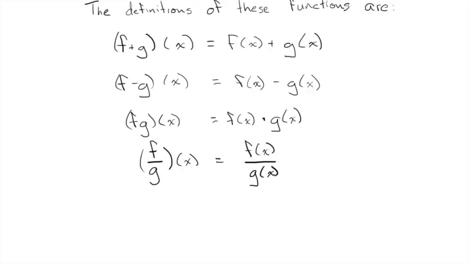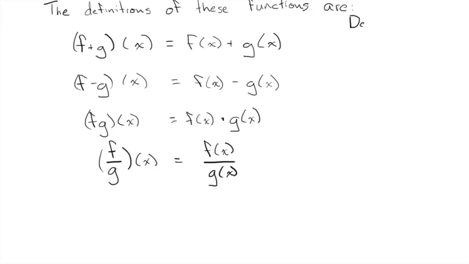Okay. So really, the way you get these new functions f plus g, f minus g, f times g, f divided by g, is you just perform the normal operations of addition, subtraction, multiplication, and division on the outputs of these functions. One thing that's going to be important is the domain of these functions.